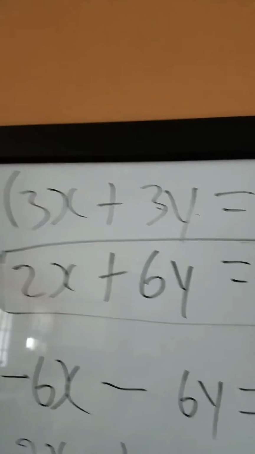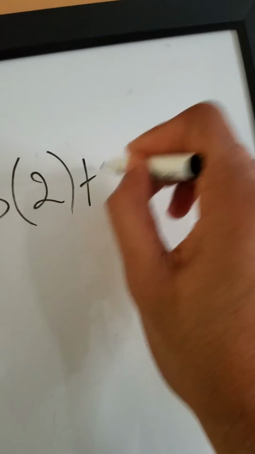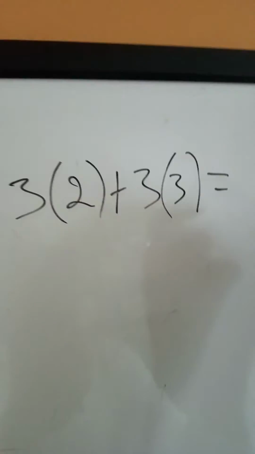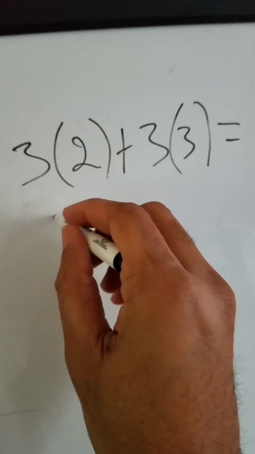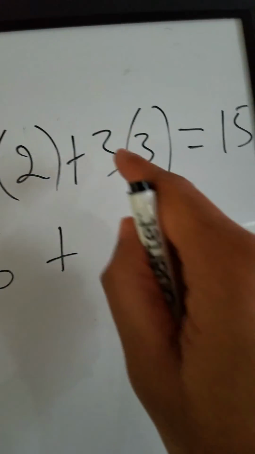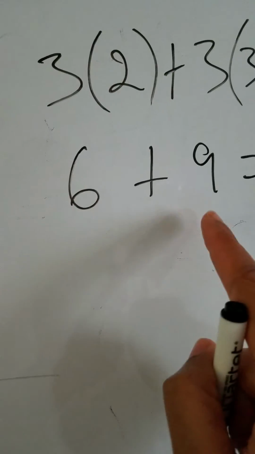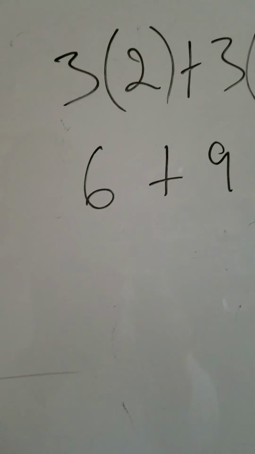So we have 3x, but we know x is 2, plus 3y, but we know y is 3, and that should be equal to 15. 3 times 2 is 6, plus 3 times 3 is 9, equals 15, and we know that 6 plus 9 is indeed 15, so our equation works.